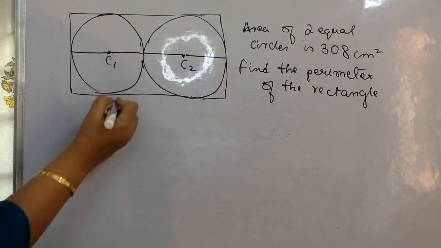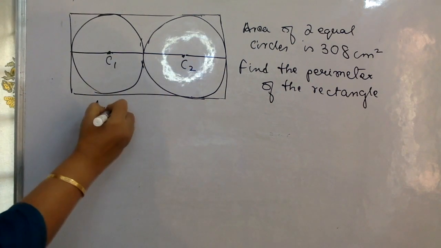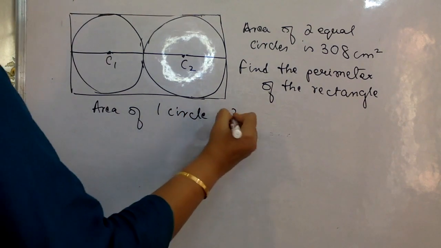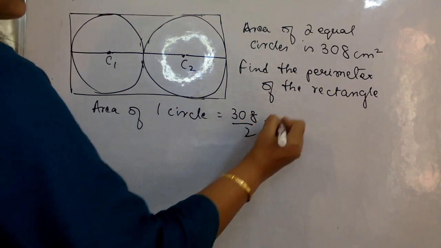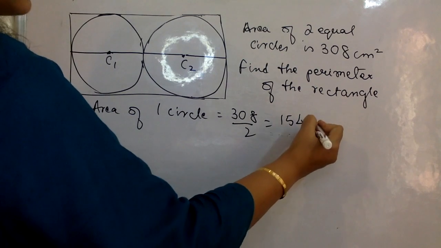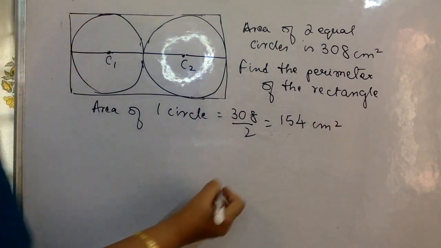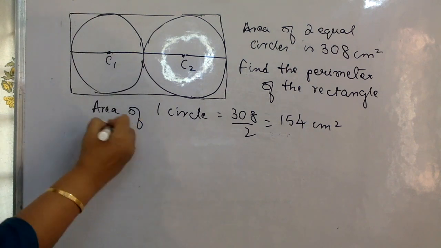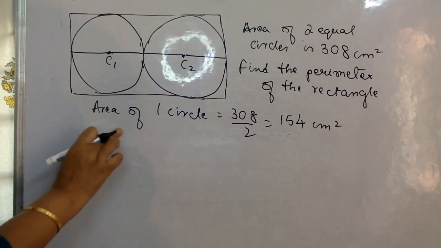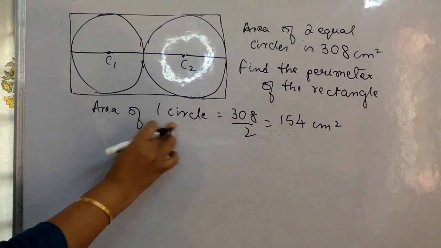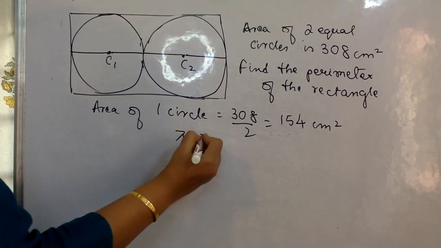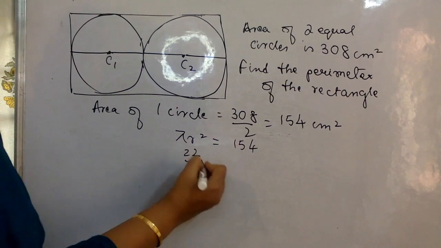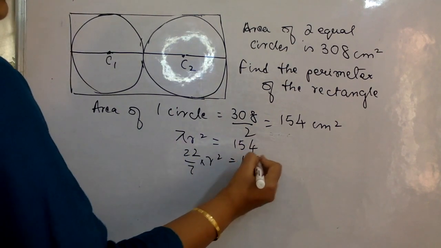Now the area of one circle, any one circle because they are equal, is 308 by 2, which is 154, right? 154 centimeters square. Now from this we are going to get the radius of any one circle. Pi r square is equal to 154 because this is the area. 22 by 7 into r square is 154.